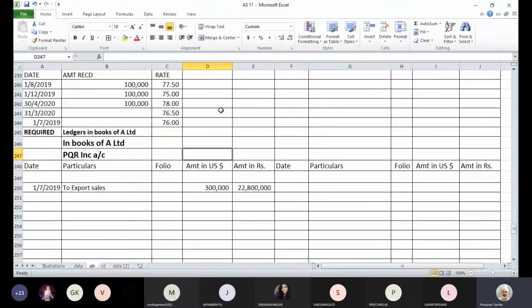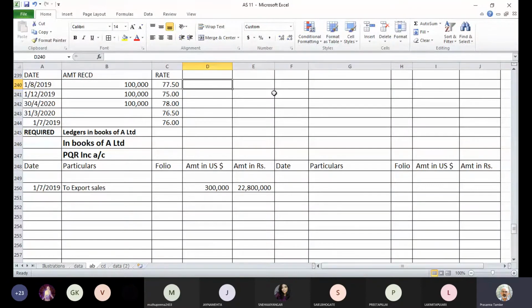Then after this, the party has started making the payments. The first payment has come on 1st August 2019 when you received $1 lakh. The dollar rate is 77.5 per dollar. Our original booking is 76 rupees, whereas now the dollar rate has increased to 77.5.